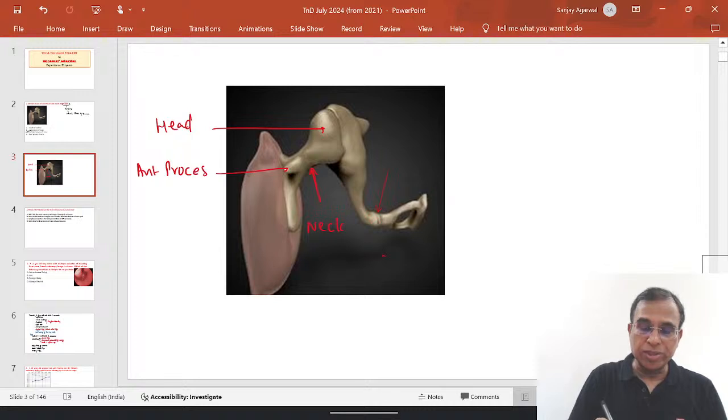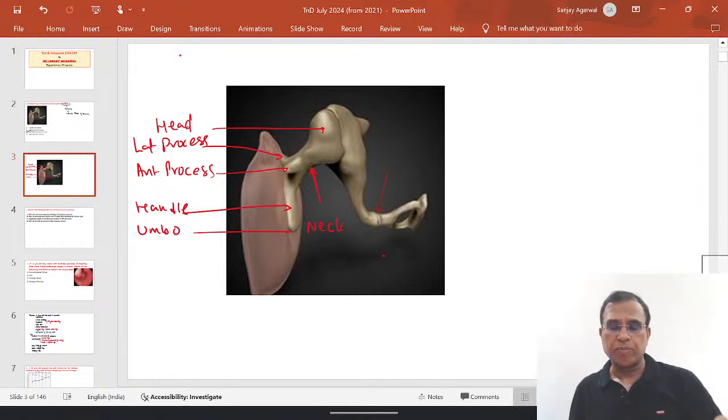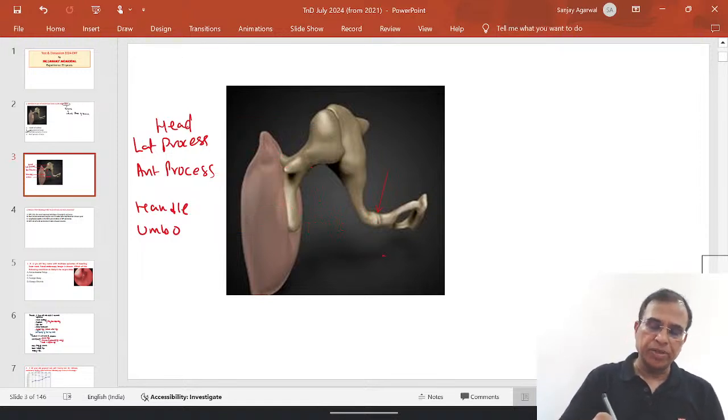This process goes anteriorly, anterior process, and this process is the lateral process. This is your handle of malleus, and this tip is the umbo. So these are the parts of the malleus that one should be aware of: head, neck, lateral process, anterior process, handle, umbo. There are other parts also, but these are the prominent ones that you can see in most of the images.